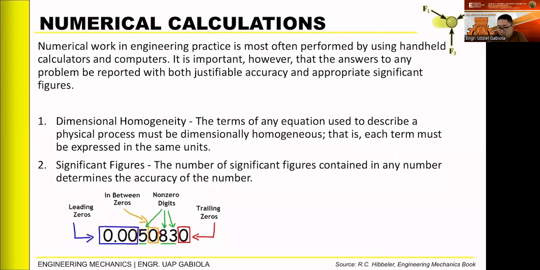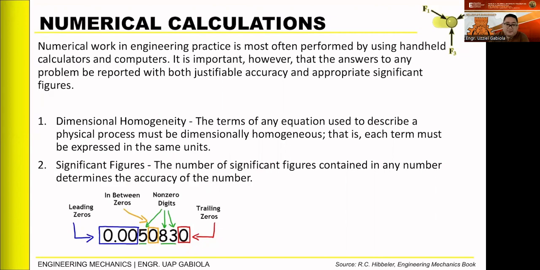A zero between non-zero digits is always significant, kasama yan sa bilang. Kapag ang zero ay nasa hulihan, after ng non-zero digit, trailing zero, may dalawa siyang case. Kapag wala siyang decimal point, hindi siya kasama sa bilang. Pag meron siyang decimal point, kasama siya sa bilang.